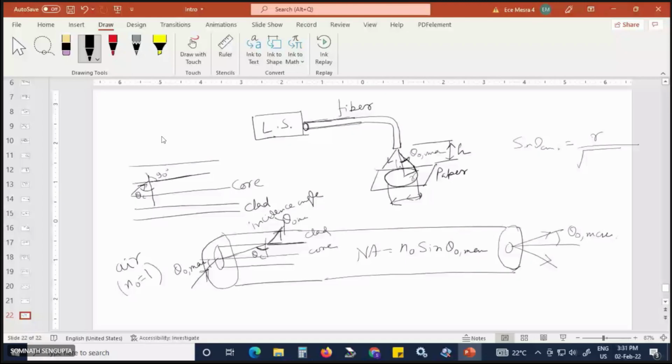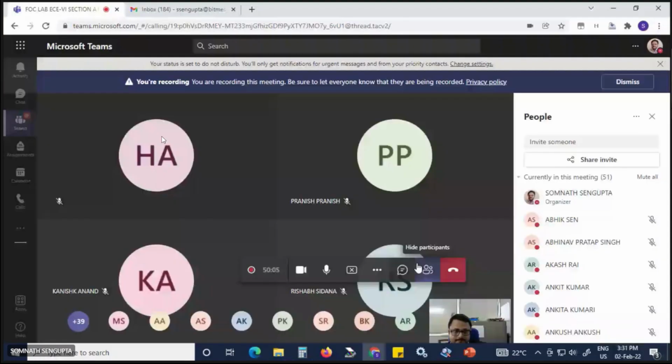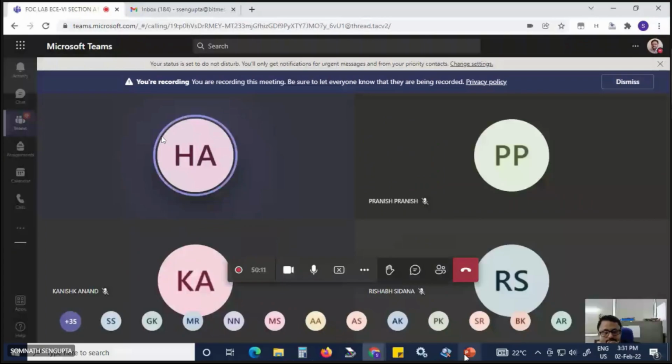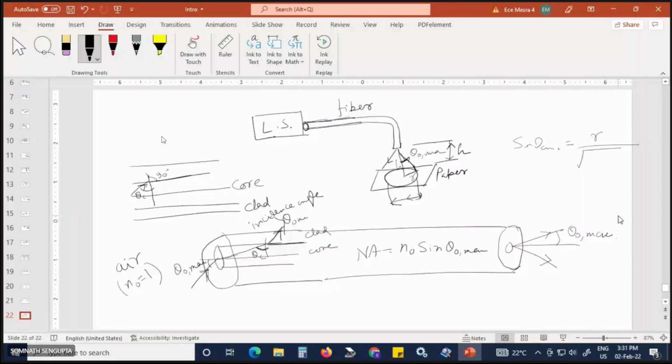Anybody please tell? Yes, R by under root R square plus H square.